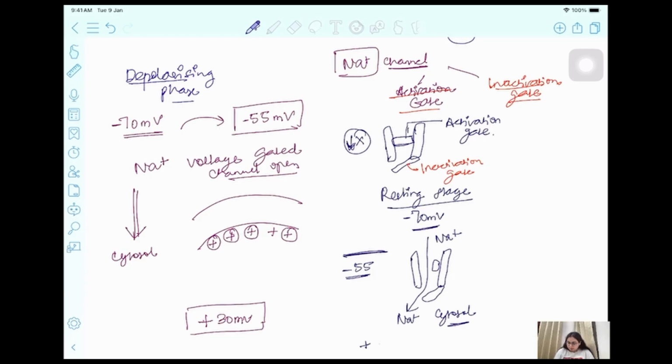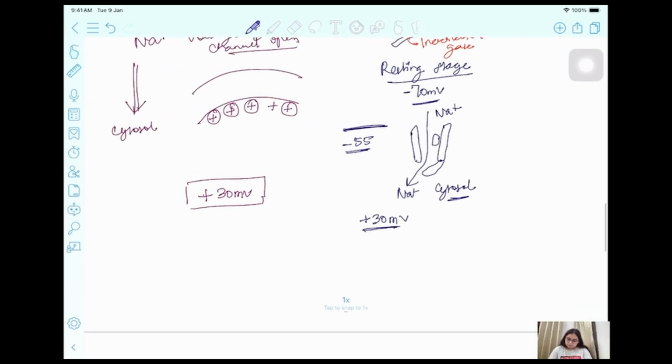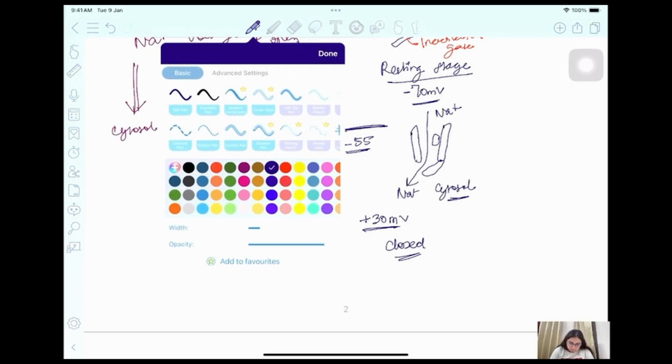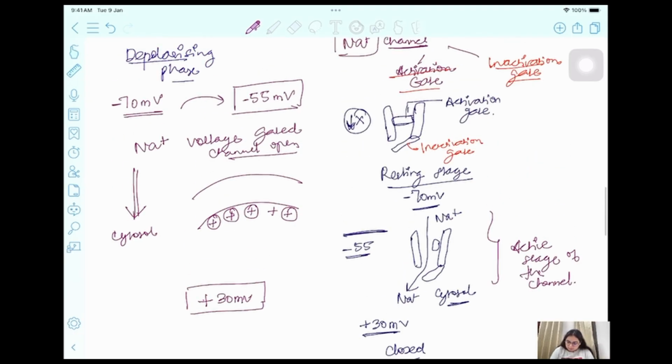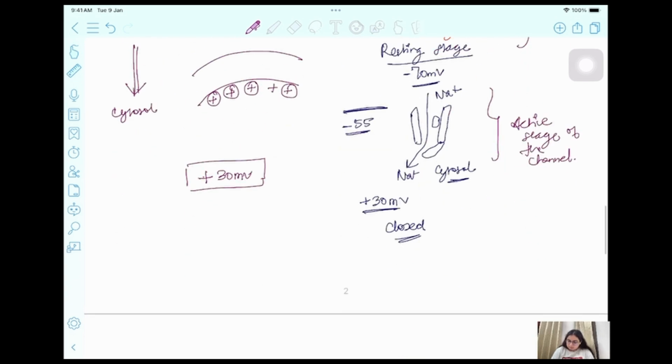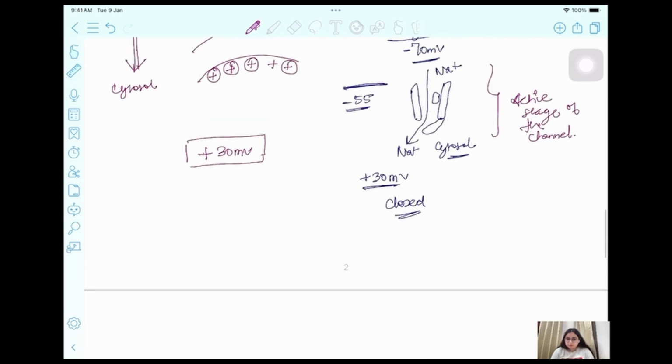And when the membrane potential reaches plus 30 millivolts, the gate is closed. This stage is the active stage of the channel. This was the resting stage. This is the active stage of the channel where the sodium ions are moving inside the cell.